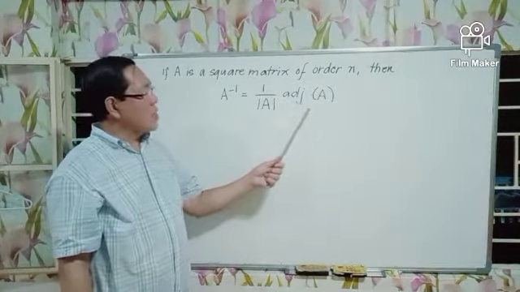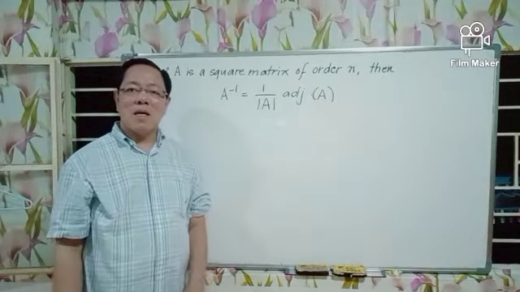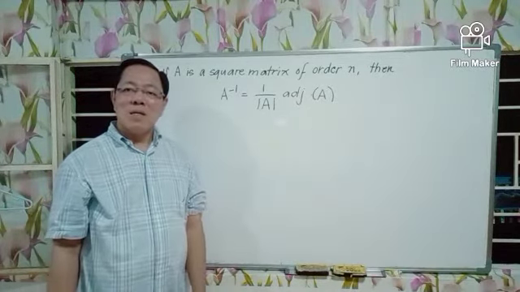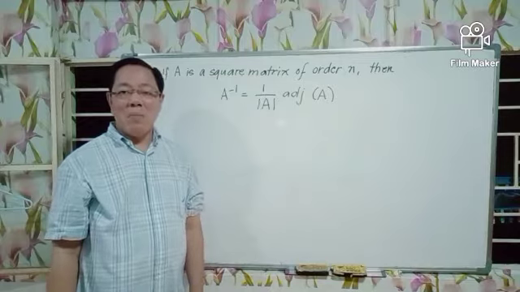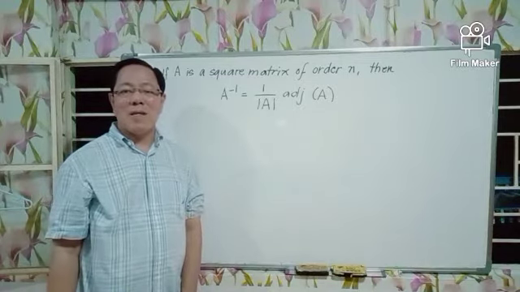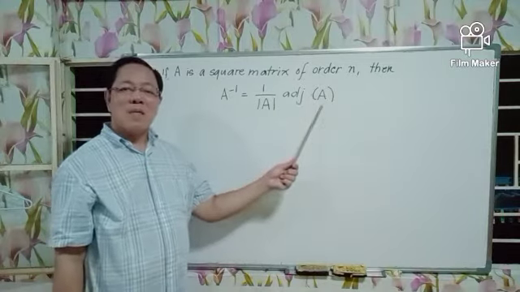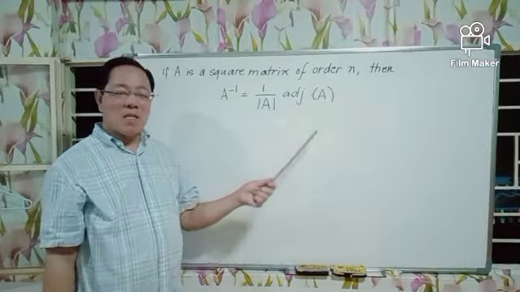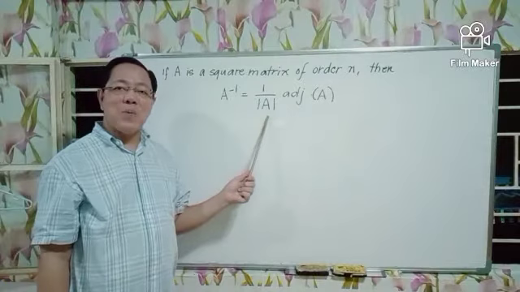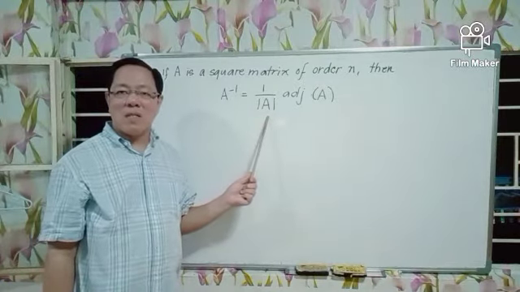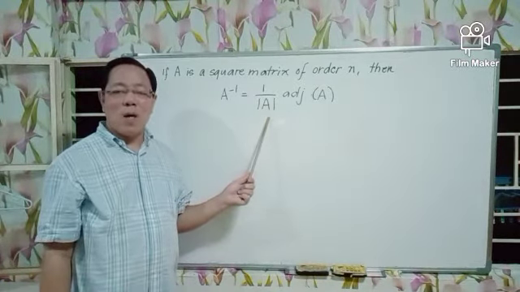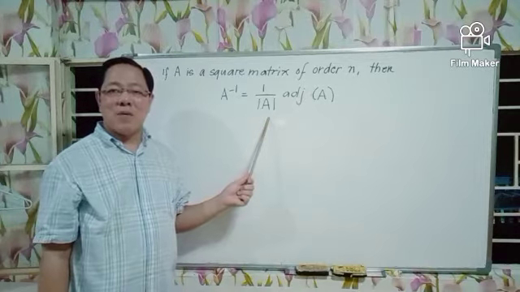And the adjoint of a matrix A is the transpose of a matrix whose entries are the cofactors of the entries of matrix A. The adjoint of matrix A is multiplied by the reciprocal of the determinant of square matrix A. And this is the reason why not all matrices have an inverse.